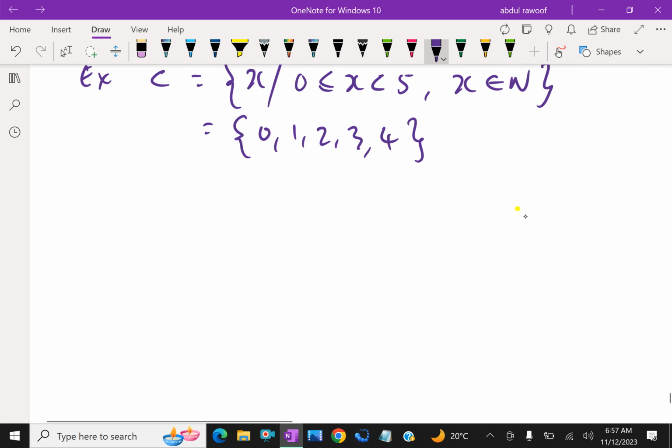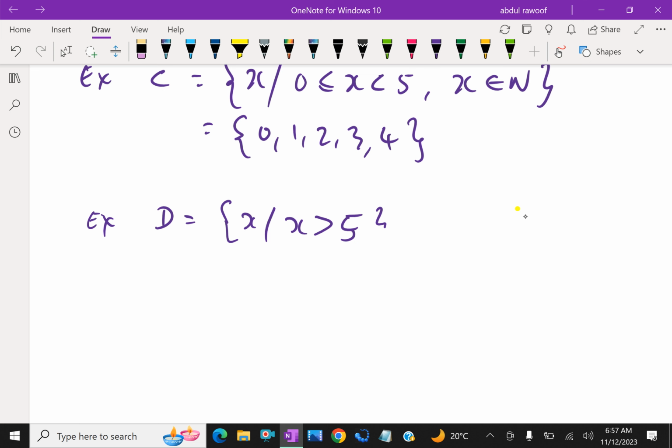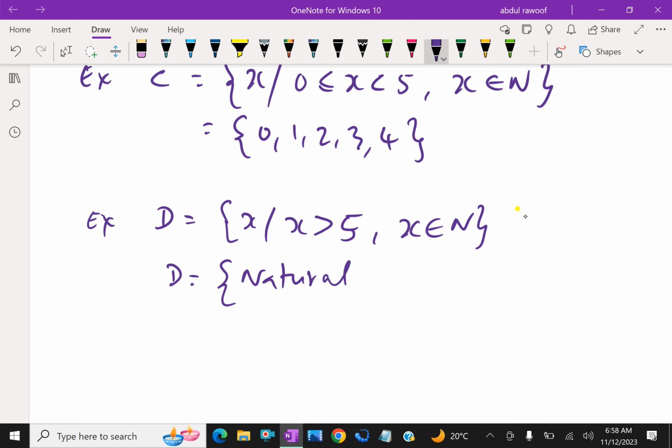Now, for example, set D is such that x is greater than 5, where x is an element of N, which means set D in verbal meaning is the set of natural numbers greater than 5.